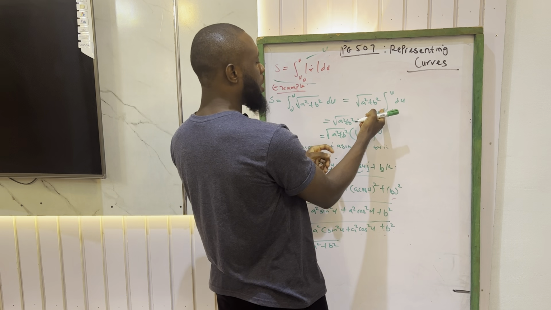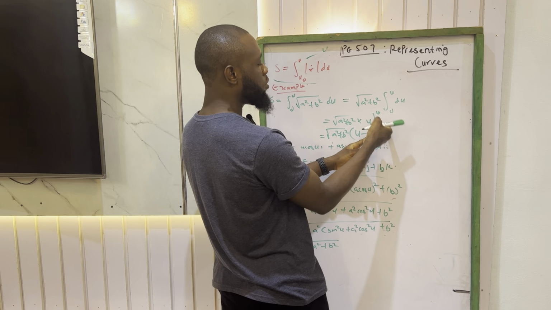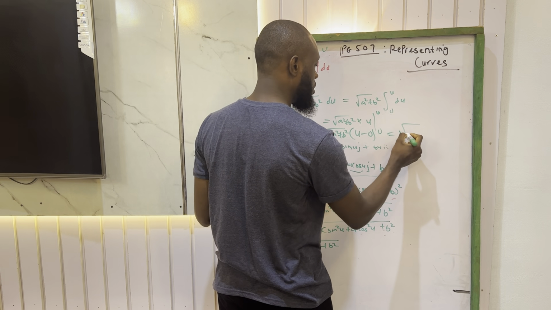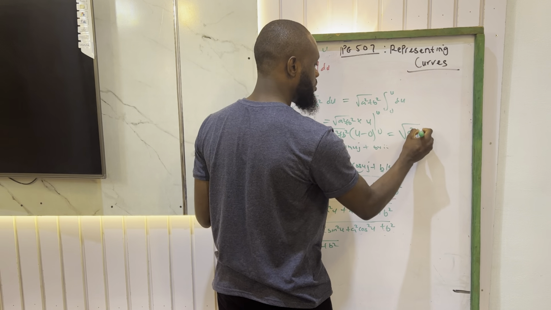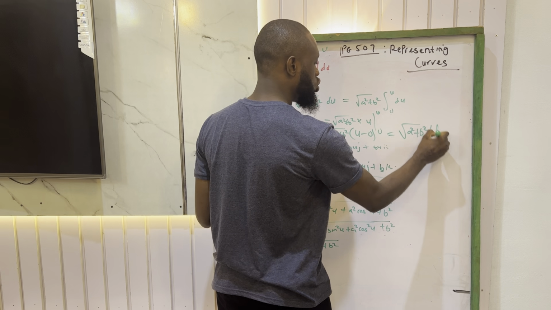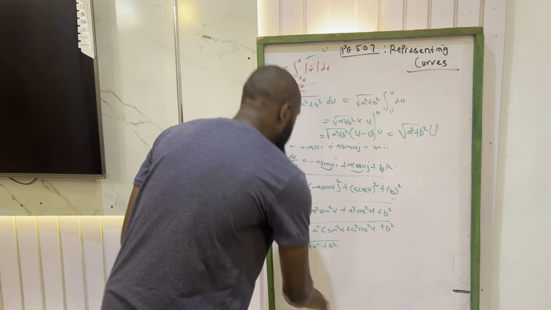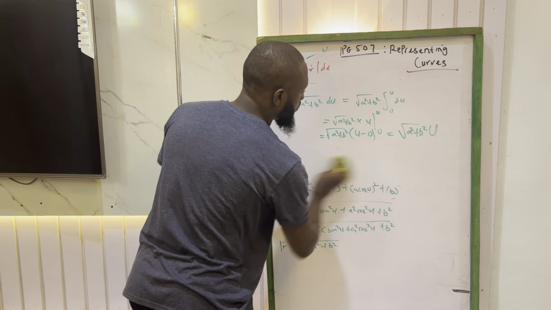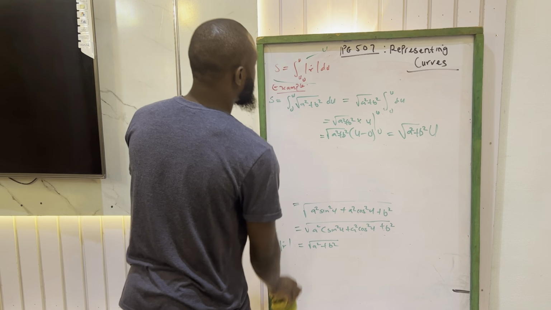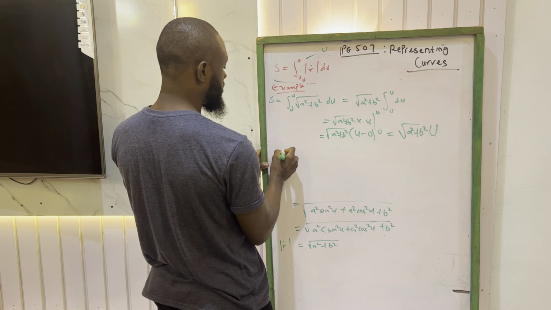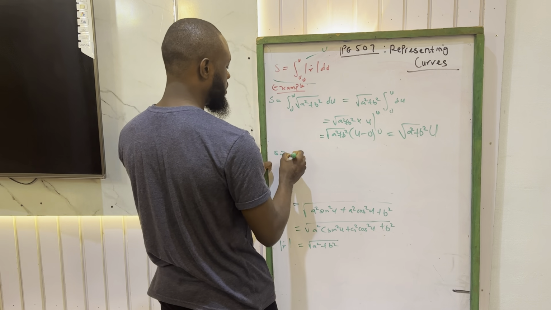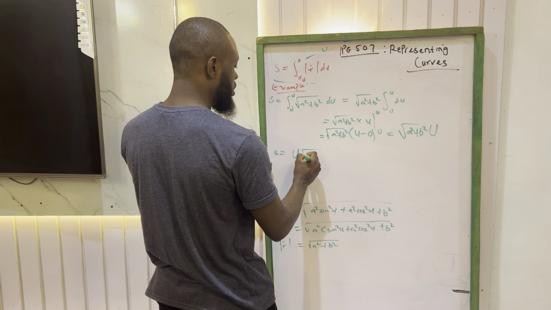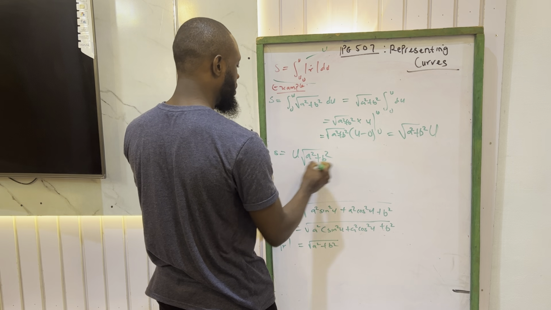That is the upper limit when u is u and the lower limit when u is 0. So that gives us the square root of a squared plus b squared times u. Alright, so that is the equation for the length of arc. If you actually have concrete values, then we can put them here. But our final solution is u times the square root of a squared plus b squared.